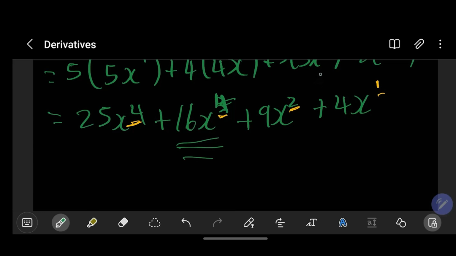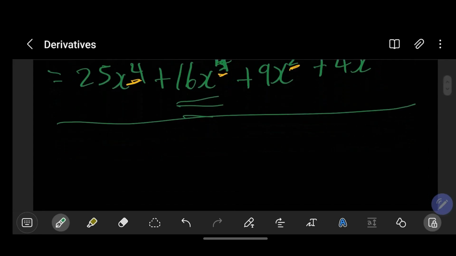So that's one tip or trick that you can use just to check the polynomials. When you're using the power rule, it will be 1 less than what you had in the question itself.